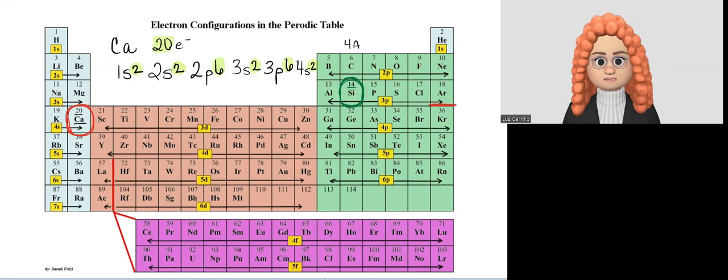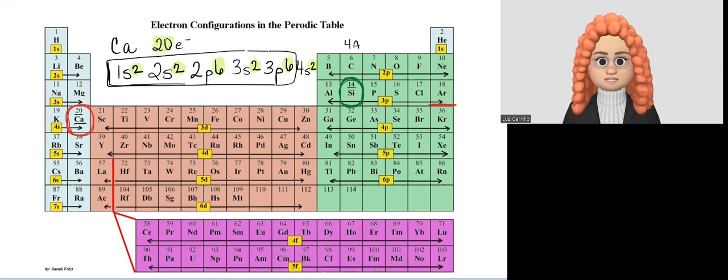Argon is going to be present in this electron configuration from here all the way to 3p6. Verify at home that that is the correct electron configuration for argon. So what I placed in the box, we can shorthand it and say in a bracket, that corresponds to argon. Outside of argon, we have 4s2, and those are the electrons that overall encompass the atom calcium.